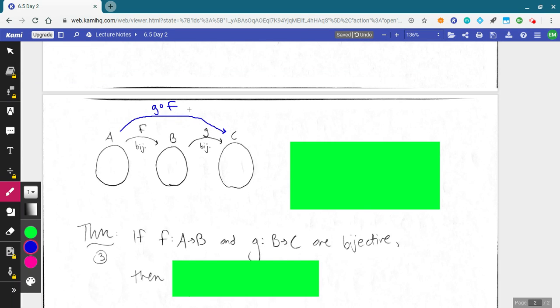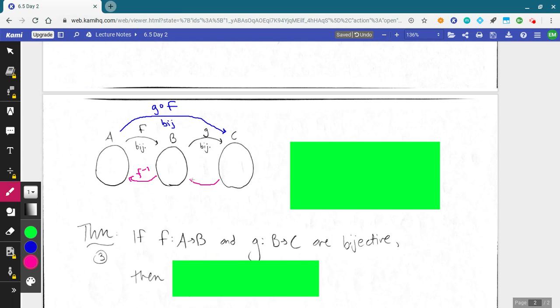And right, from our group work in section 6.4, we know that if F and G are bijective, then the composition is going to be bijective as well. Since F is bijective, we'll have an inverse function.